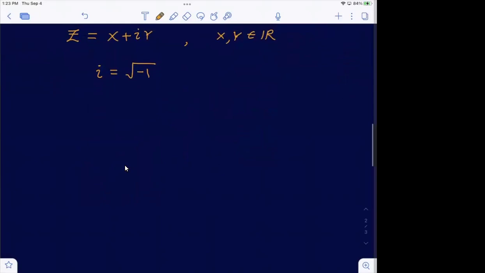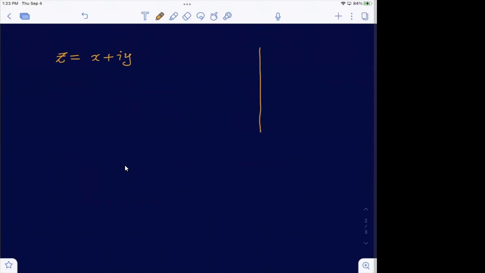But now, if you consider a complex number given by x plus iy, we can immediately connect it with some geometric representation. We can talk about the complex plane. On the complex plane, the horizontal axis is the real axis, and the vertical axis is the imaginary axis.